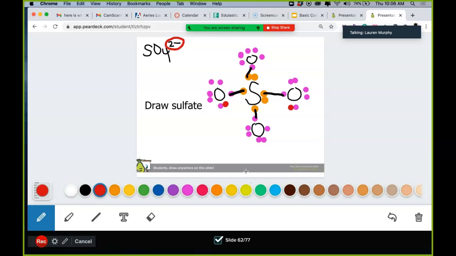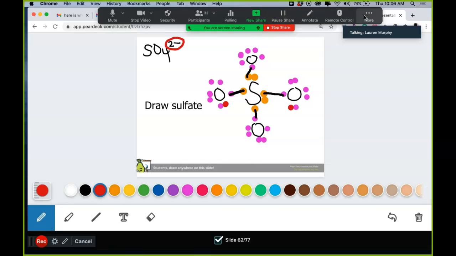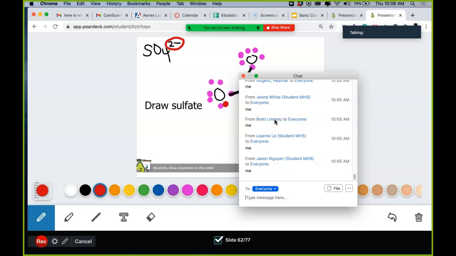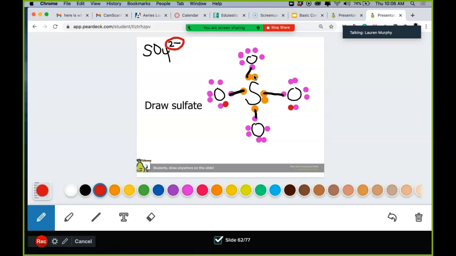So it looks like a bunch of you have some double bonds present in your structure. Is there anybody who has all single bonds? Anyone? Okay, so let's talk.